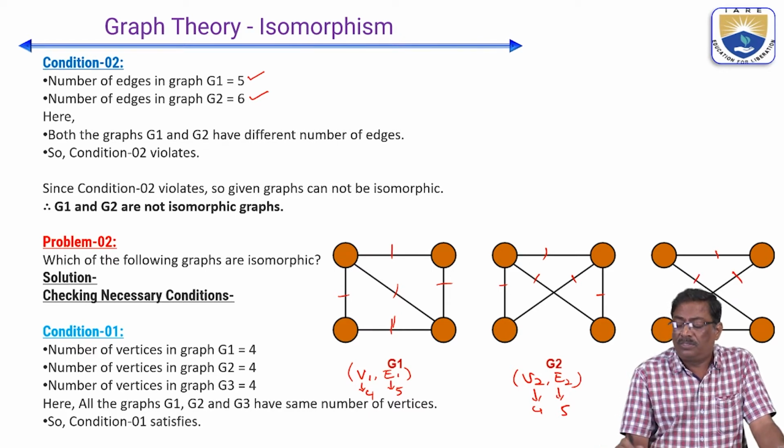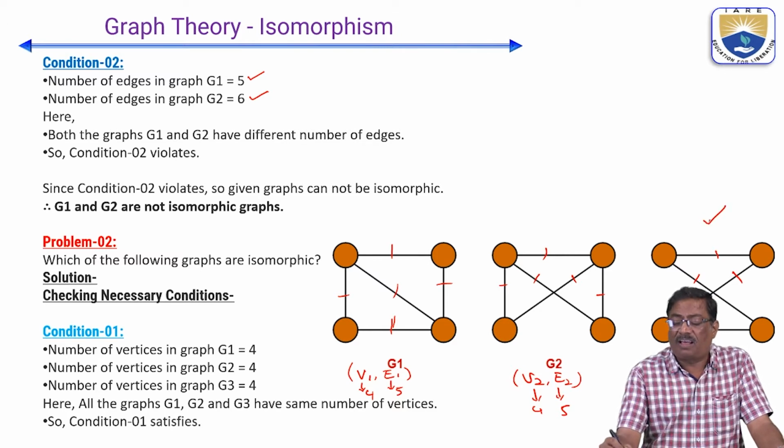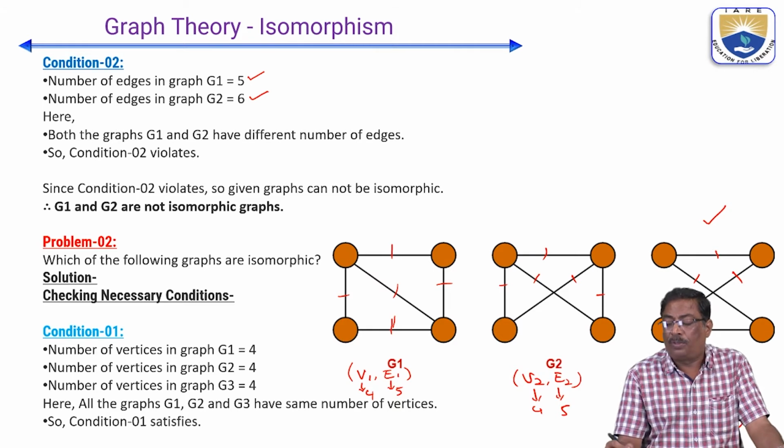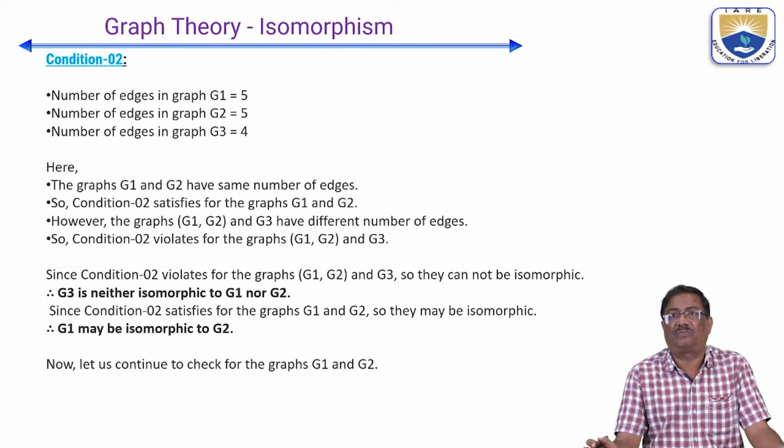So G3 is not isomorphic to G1 as well as G2 because it has only 4 edges. G3 is not isomorphic to G2 as well as G1 because condition 2 is not satisfied.